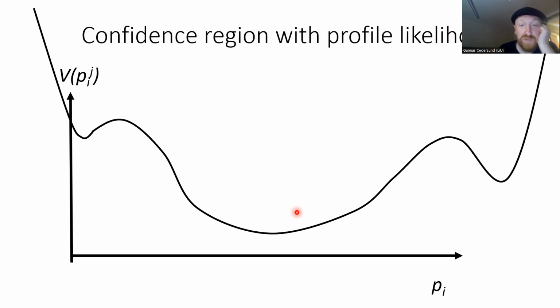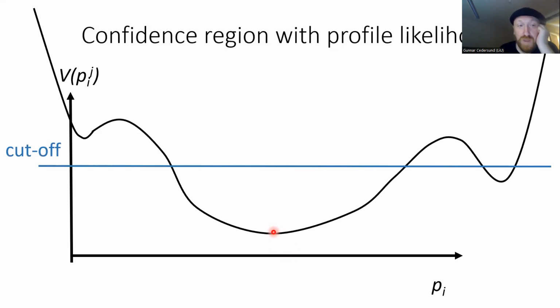So basically you have some optimum here. This is this modified cost function where you fix the value of one parameter. And here you have that parameter that you want to have the uncertainty for. This is the optimum. And here you have one option for a cutoff.